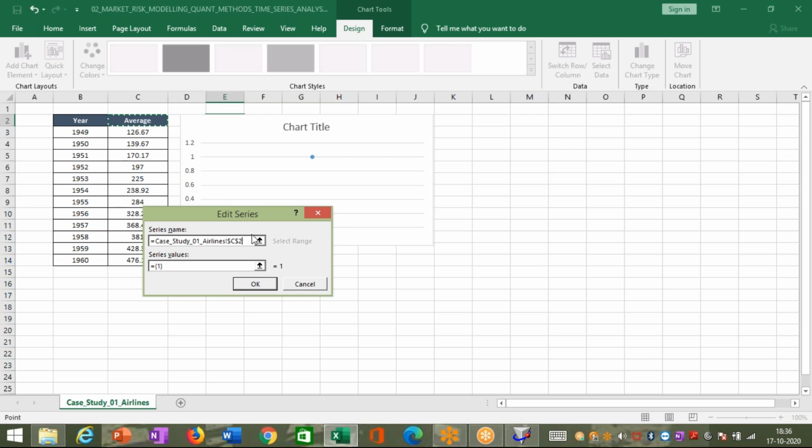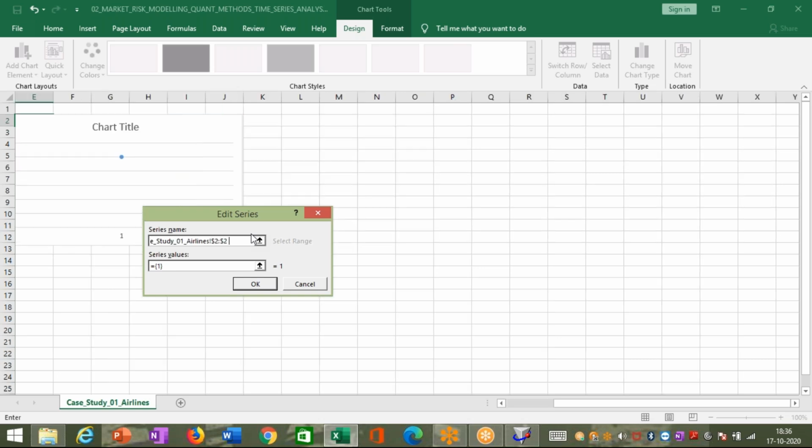This is the average, or let me give a separate heading over here: trend of the annual average of the airlines time series.